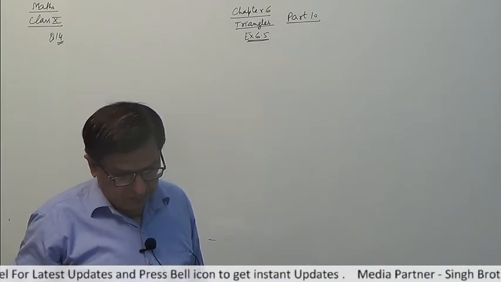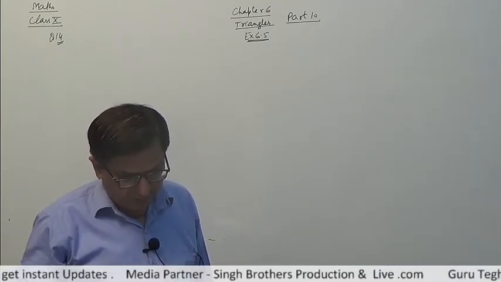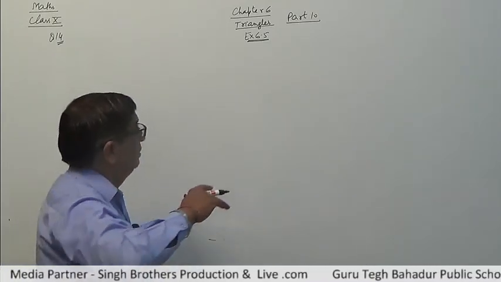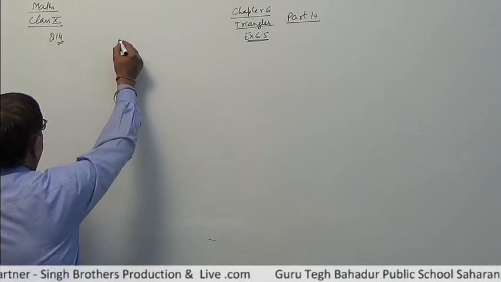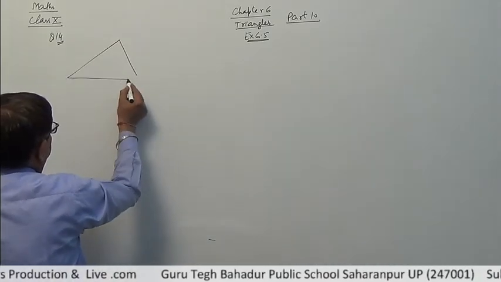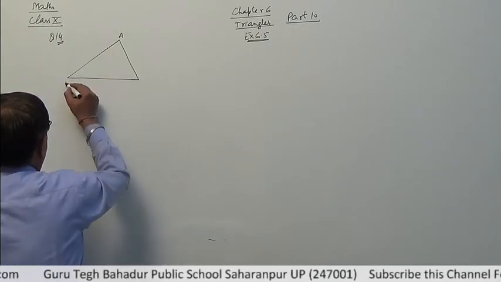The perpendicular from A on the side BC of triangle ABC intersects BC at D such that BD is equal to 3CD. This is triangle ABC.